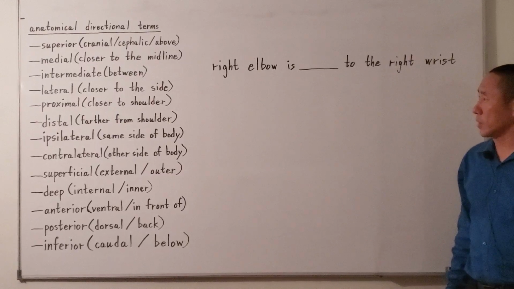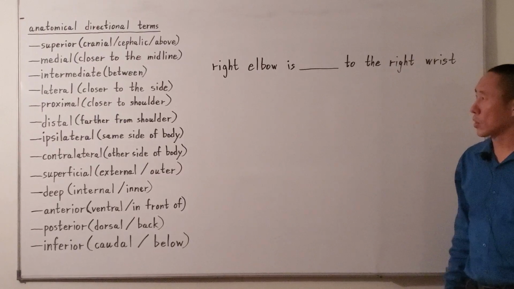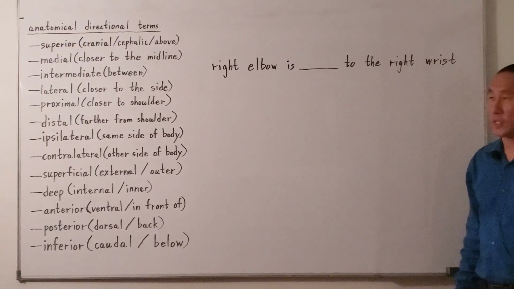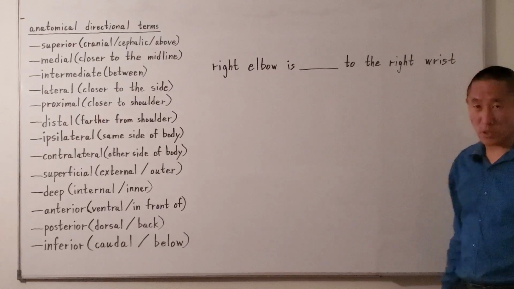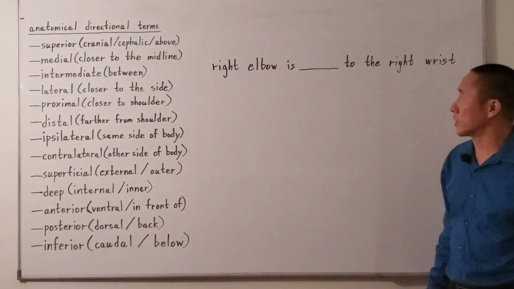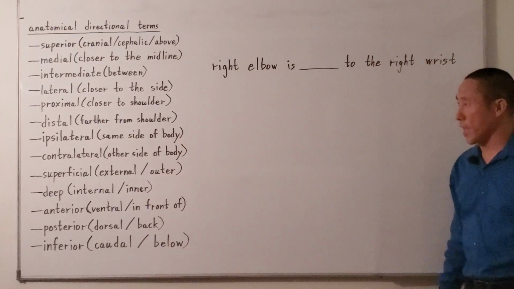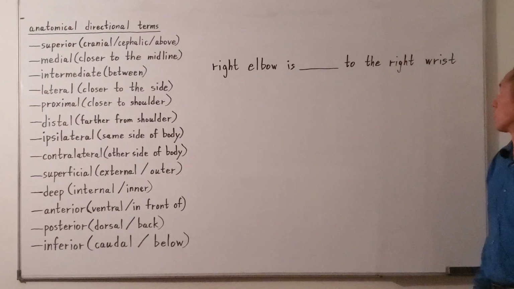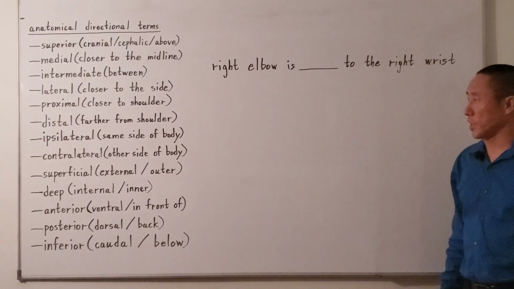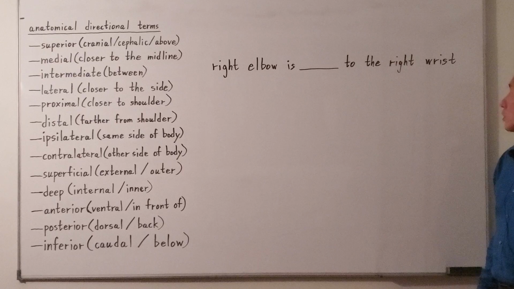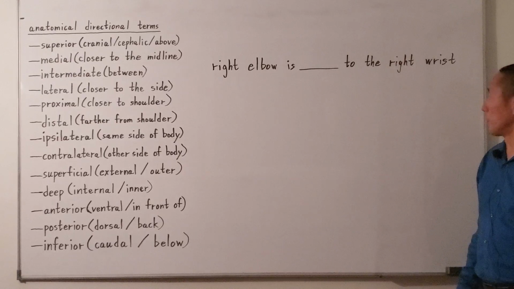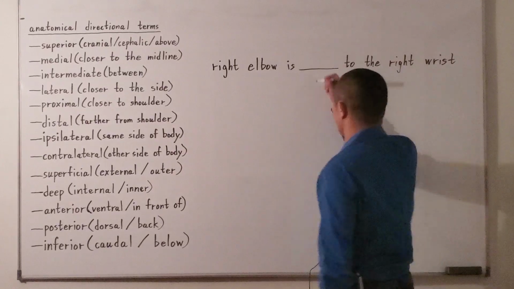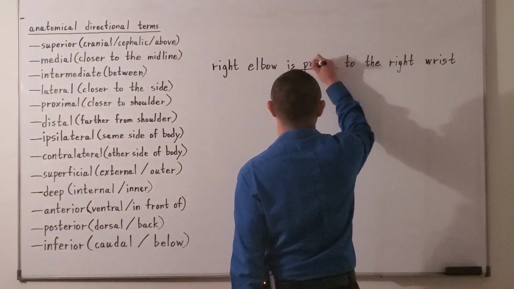We focus on the first structure, the right elbow. The right elbow is clearly closer to the shoulder compared to the right wrist, and closer to the shoulder means proximal. So we can use the word proximal.